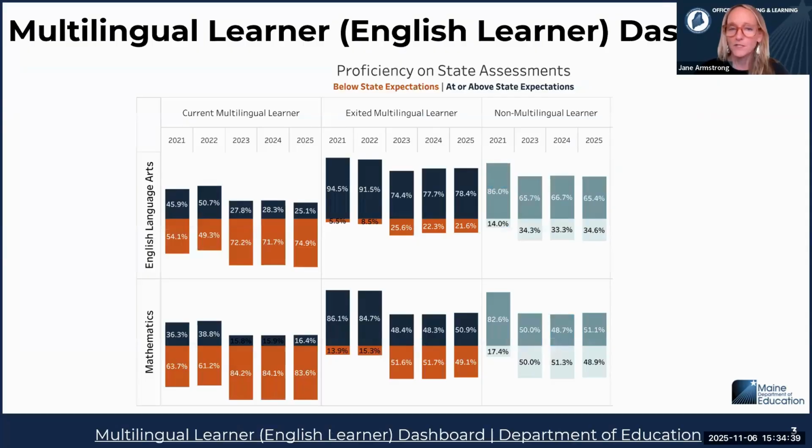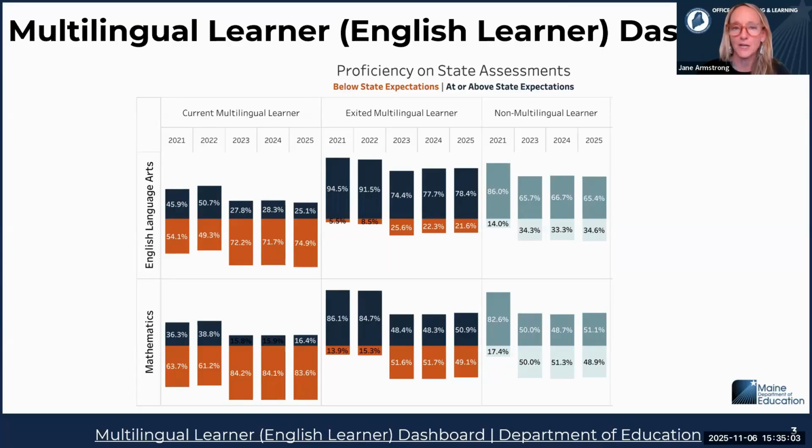The other piece that we wanted to share with you today was our multilingual learner data dashboard. And this dashboard is very helpful because it really does show highlighting the pieces around the proficiency of not only English language proficiency, but also other assessments like our state assessments.